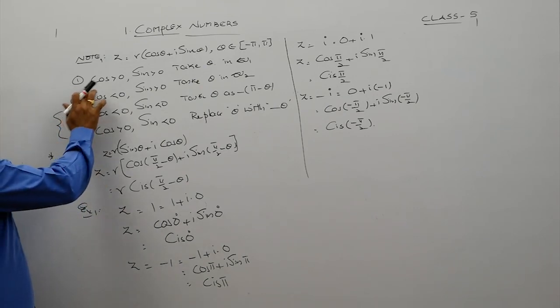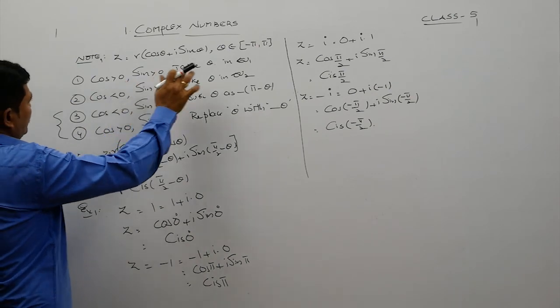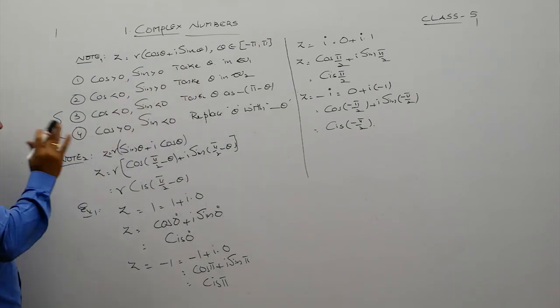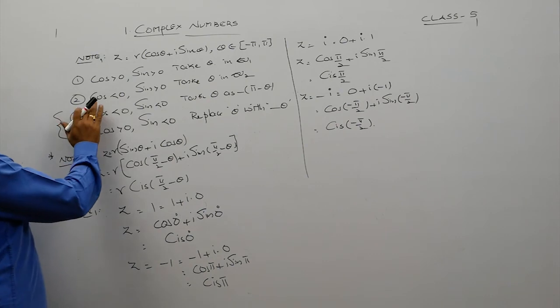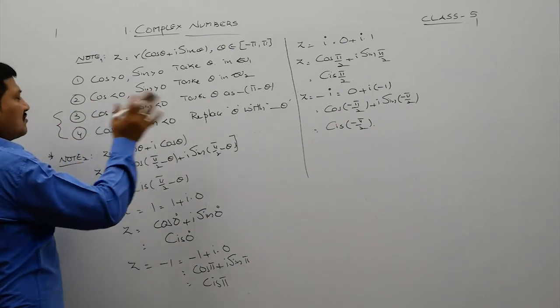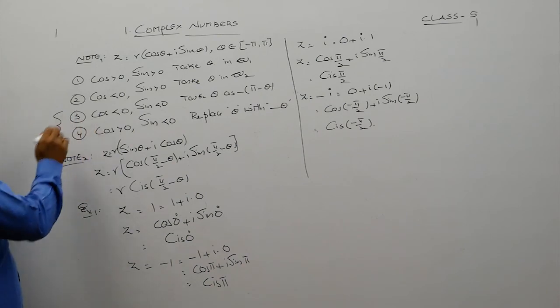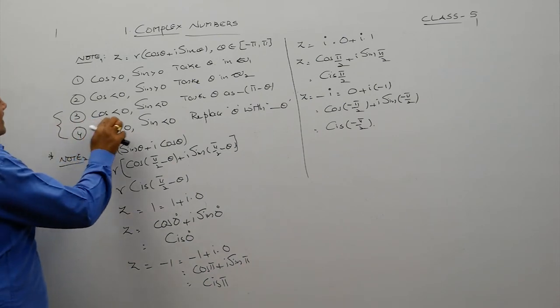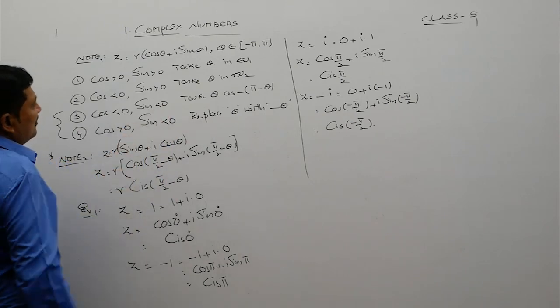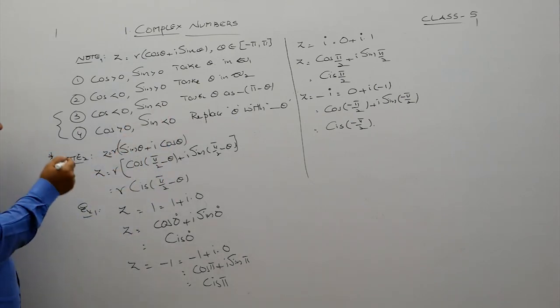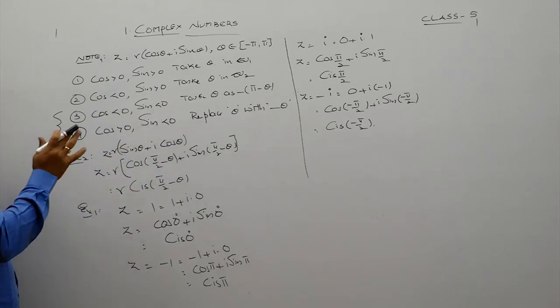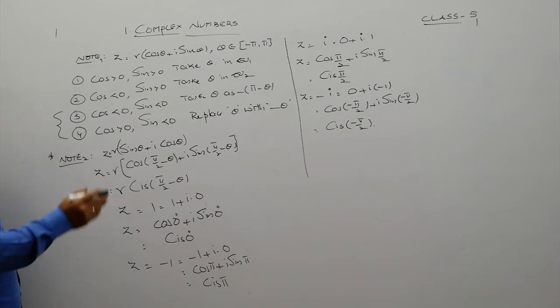Here cos is positive, sin is positive, take the value of theta in the first quadrant. And here cos is negative, sin is positive, as usual you go with the second quadrant. And most importantly, here cos is negative, sin is negative, then take theta as minus of pi minus theta, because we cannot take the value in the third quadrant.